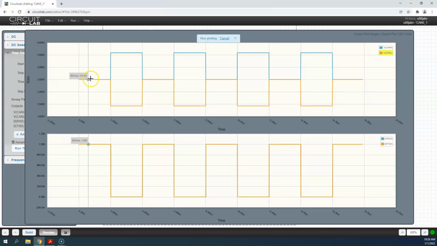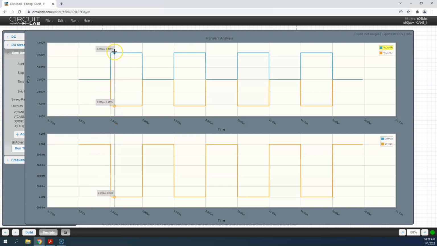Starting off, we wanted this to be our logic 0, and there we go, we have a logic 0. We have here a logic 1, and looking at RXD and TXD, both of these are sitting on top of each other, so we can see that they're both exactly the same. Whenever the bus is idle, it shows us a value of 1, which indicates that the bus is idle.